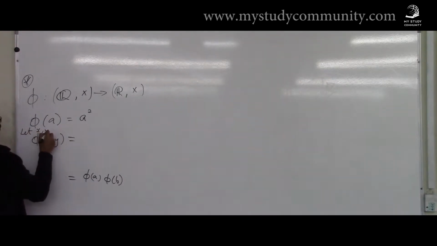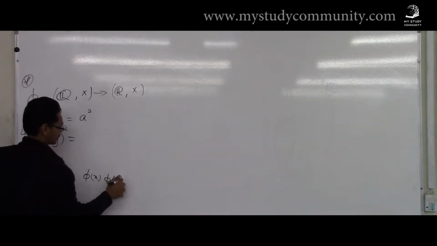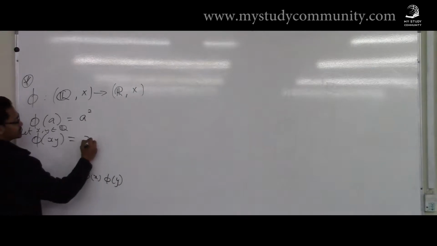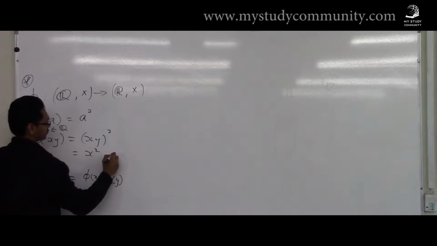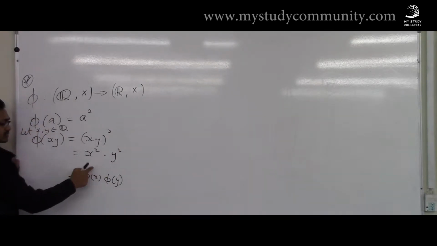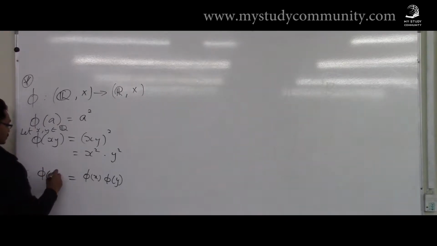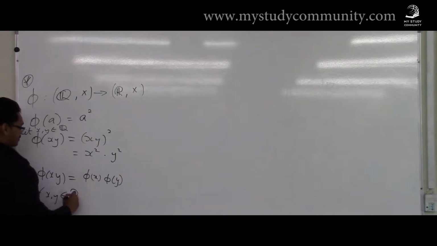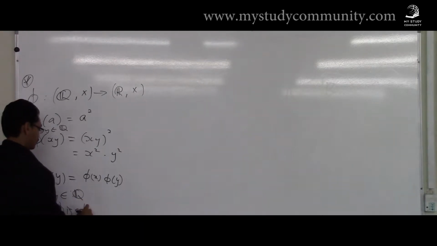So x, y in Q. Then phi of xy is xy all squared, which is x squared by y squared, which is phi of x, phi of y, yes? Therefore, phi of xy equals that for all x, y in Q. Hence, phi is a homomorphism.